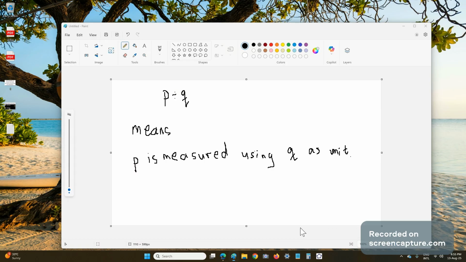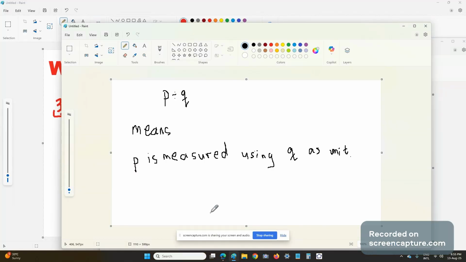And finally, what does division mean? Okay, if it doesn't mean repeated subtraction or repeated addition, it means this. It means that if we write p divided by q is equal to p over q, like this, okay, that means that this is the result of measuring p using q as a unit.